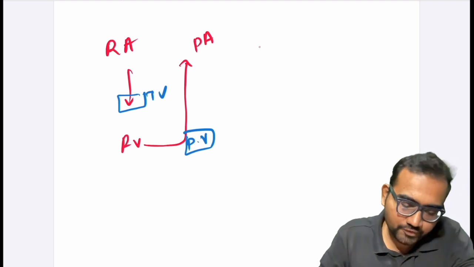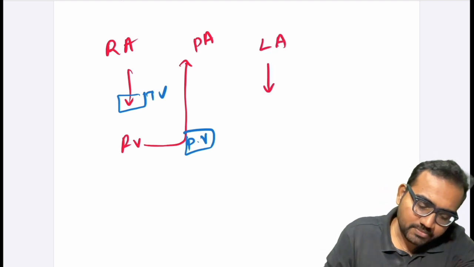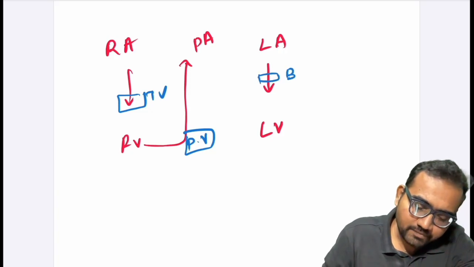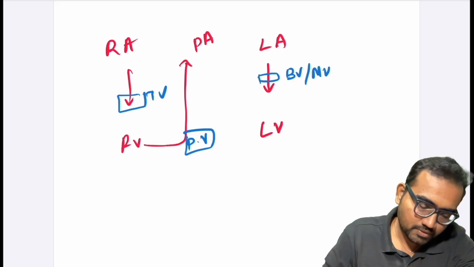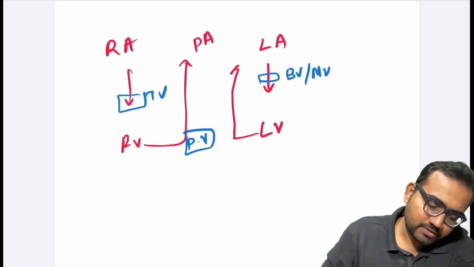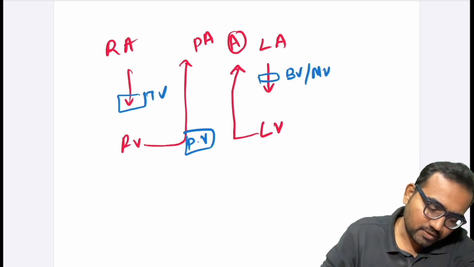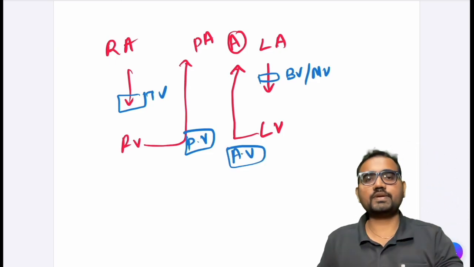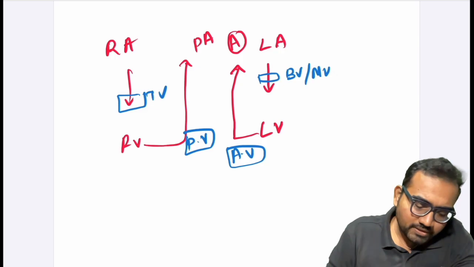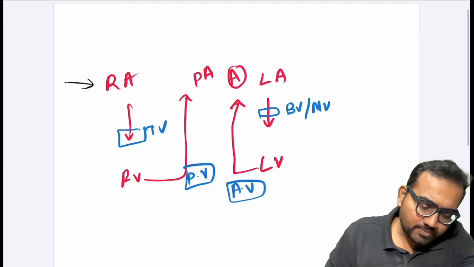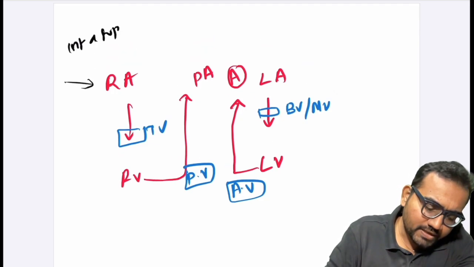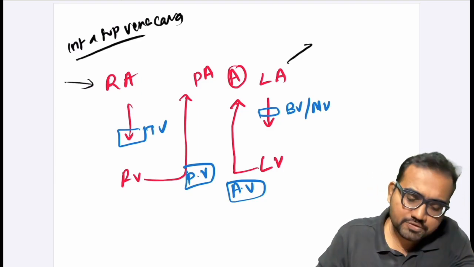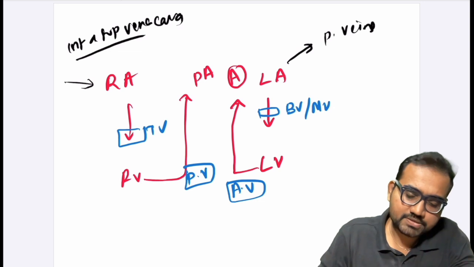On the other hand, the left atrium drops the blood into the left ventricle via the bicuspid valve or mitral valve. And the left ventricle takes the blood to the aorta via the aortic valve. Very basics, right? The right atrium receives blood from the inferior and superior vena cava. The left atrium receives the blood from the pulmonary veins.